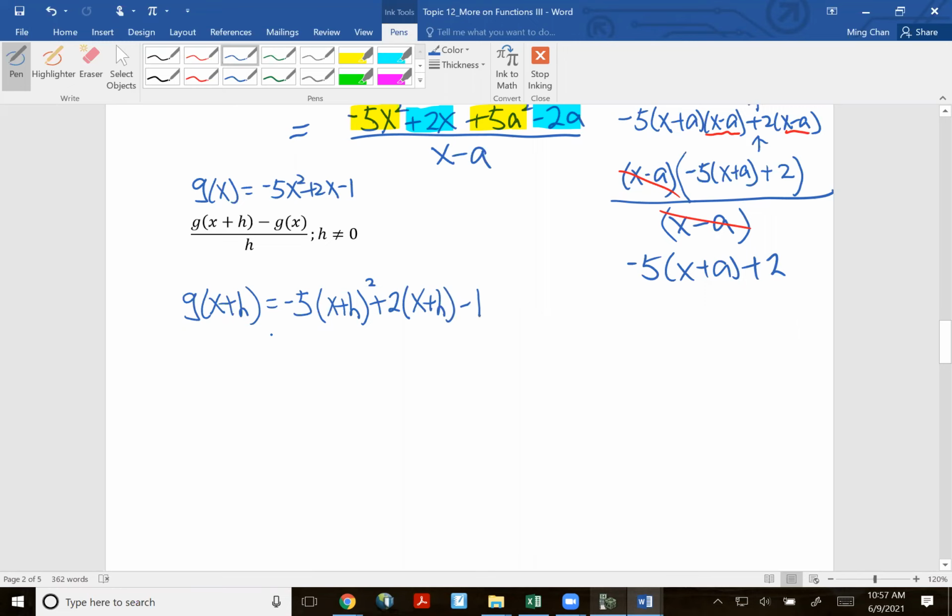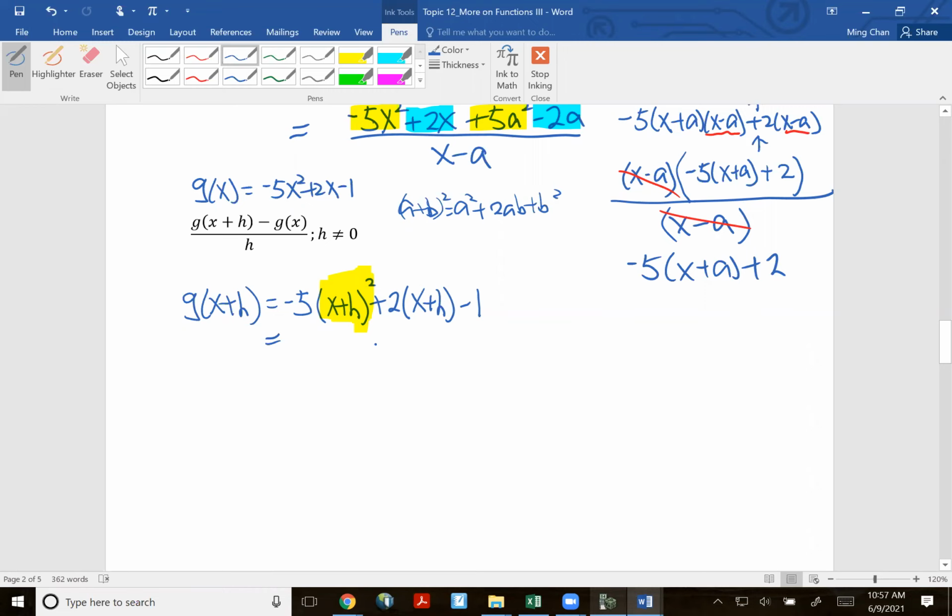All right, let's simplify this. Okay, so I got three terms here. This is a perfect square binomial. So when we reviewed perfect square binomial, we said a plus b whole thing squared is equal to a squared plus 2ab plus b squared. So what you want to do here is actually apply the perfect square binomial because you got so many terms.